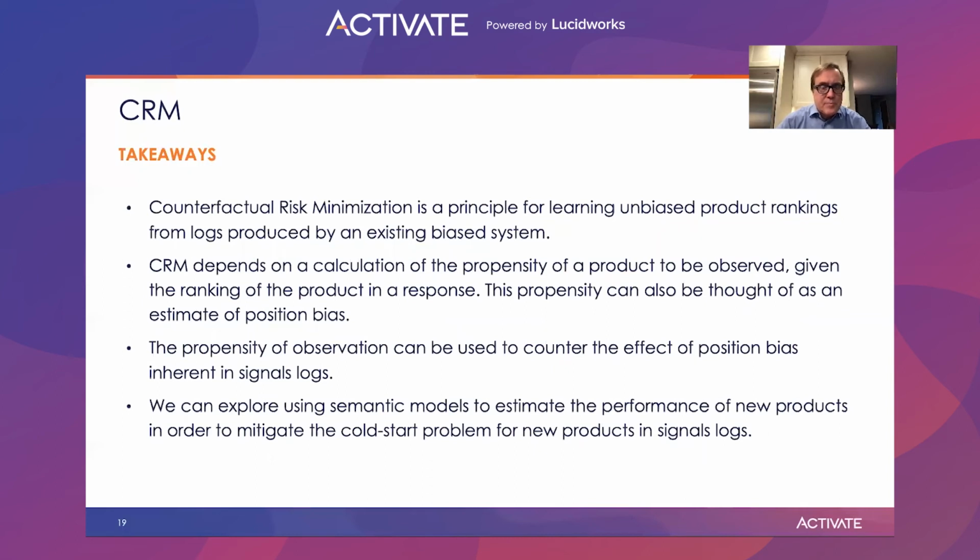If we have done the work to have a reliable estimate of the impact or the bias based on a product's position in a listing, then we can take the data from logs and make training data that is less biased to feed into our semantic models. So this idea of the propensity of observation is what I'm talking about here.